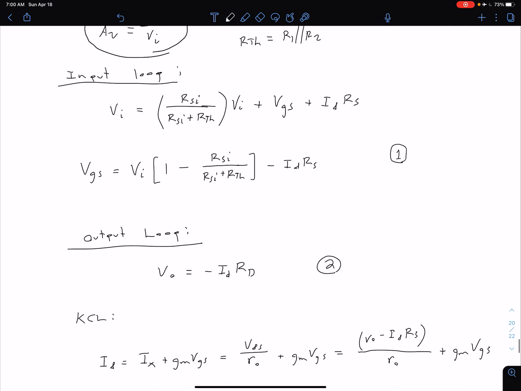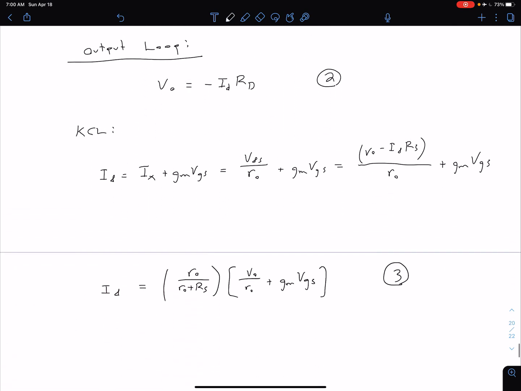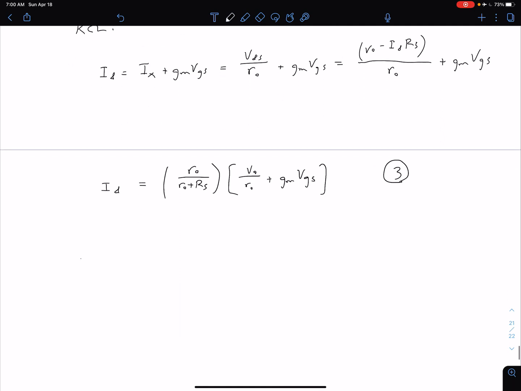So let's start by substituting expression 3 for our drain current into expression 2, as you see on the top of the screen there. We're going to substitute 3 into 2. And after we do that, we're going to solve for our V out.